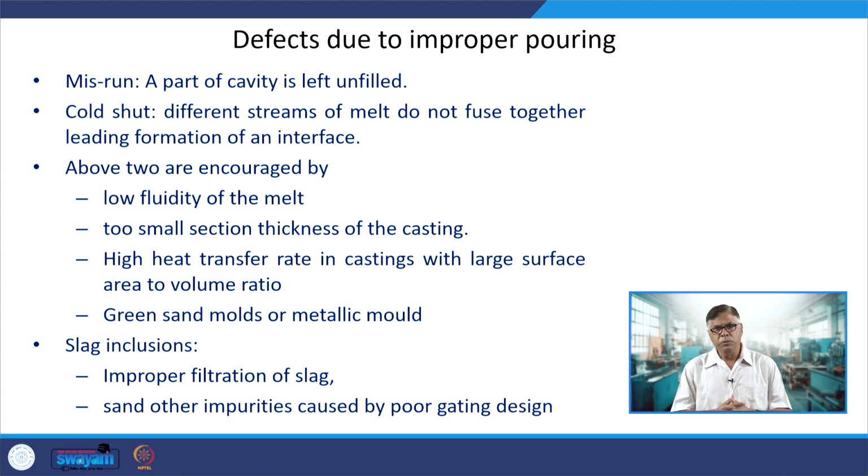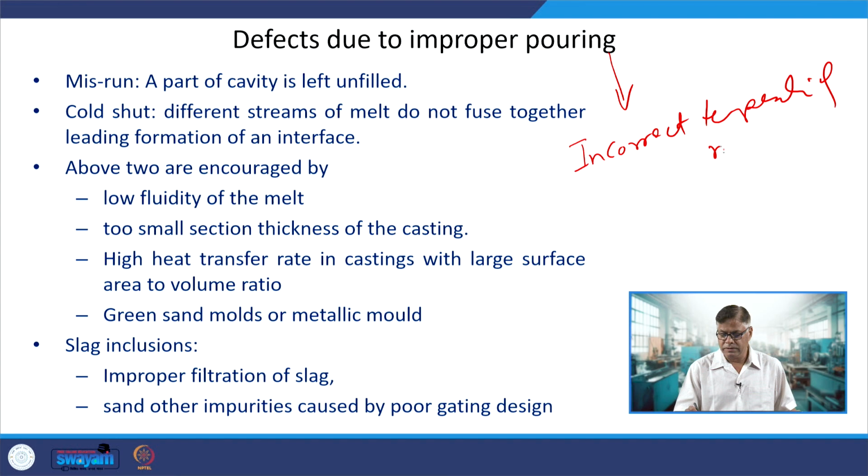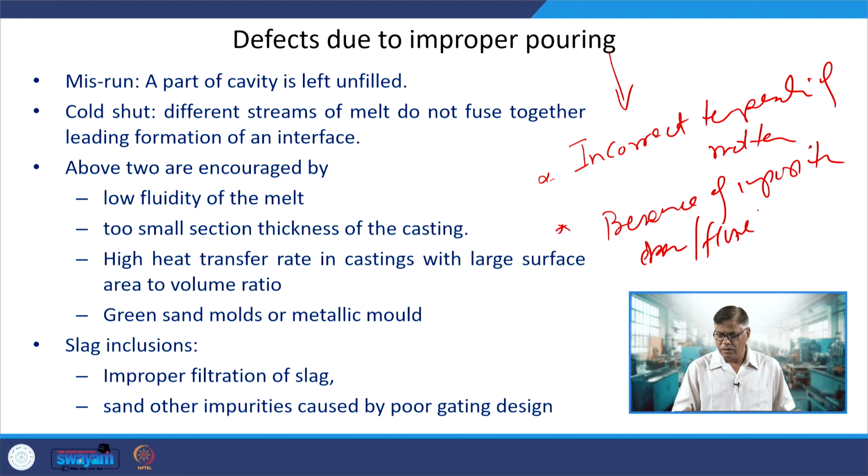There are two main reasons behind the improper pouring that leads to the development of defects in casting. These two aspects related to improper pouring are, one, incorrect temperature of the molten metal, or the second, the presence of impurities, dross, flux, or other impurities which should not be there in the molten metal.